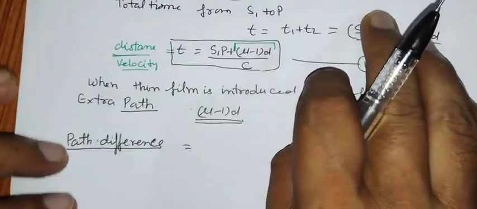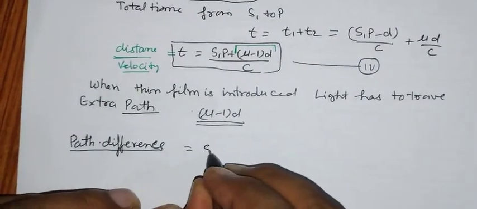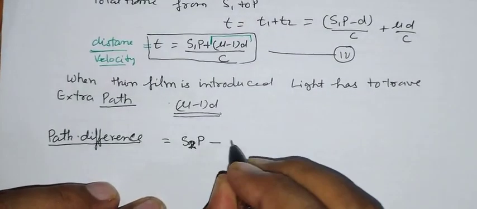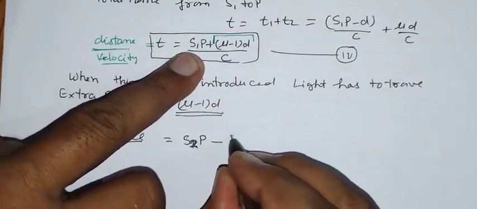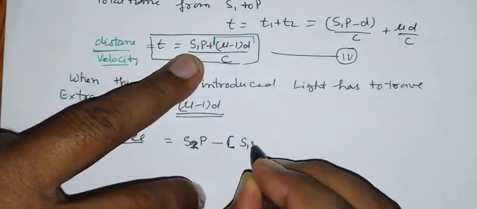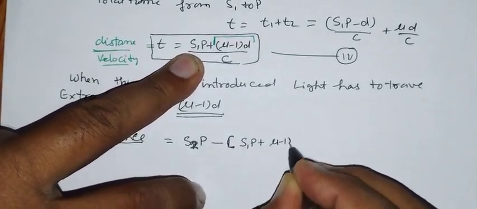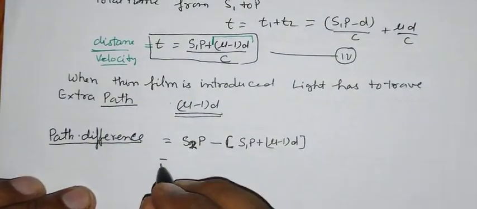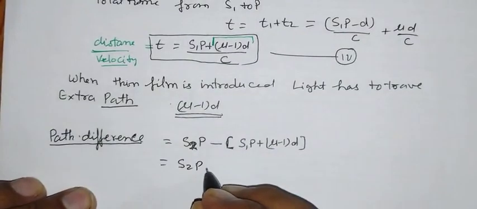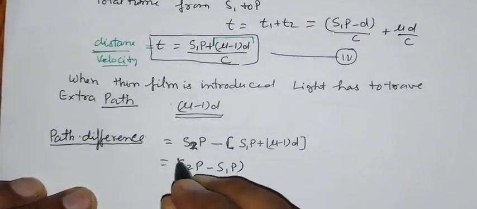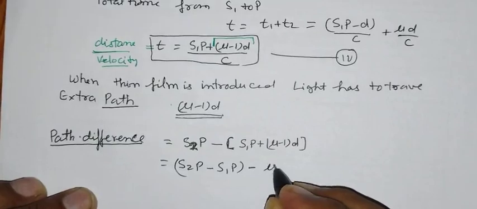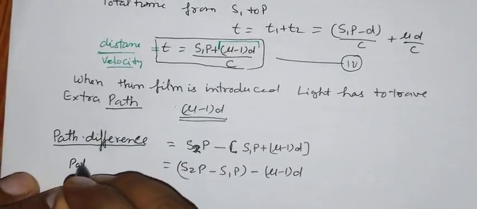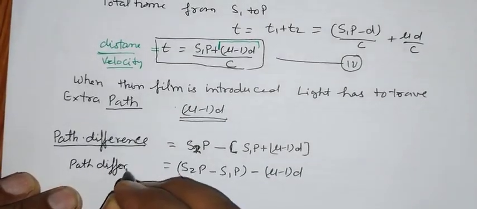So see carefully here. Longer path S2P, minus the smaller path, which is S1P plus (mu minus 1) into D. So one may write S2P minus S1P minus (mu minus 1) into D. It is the path difference.